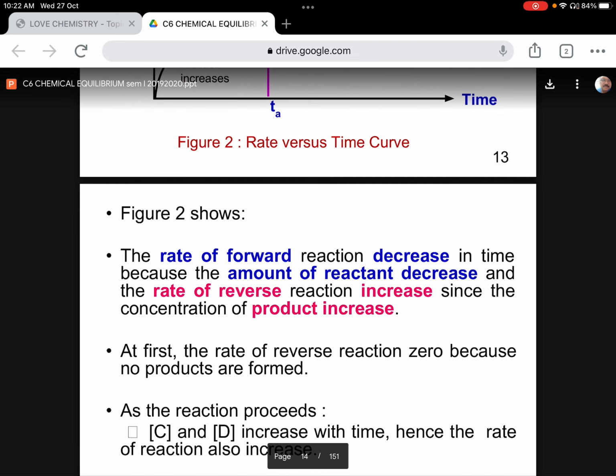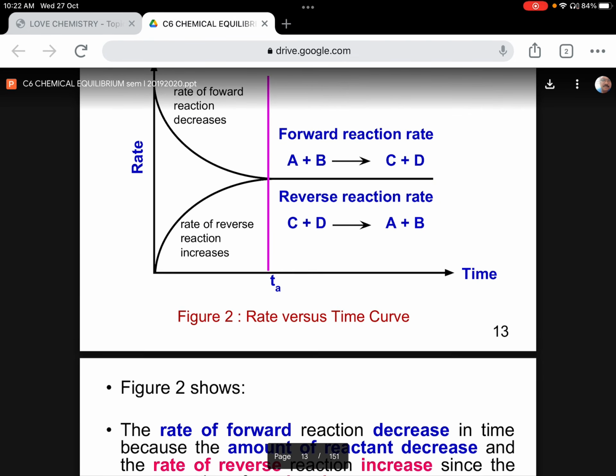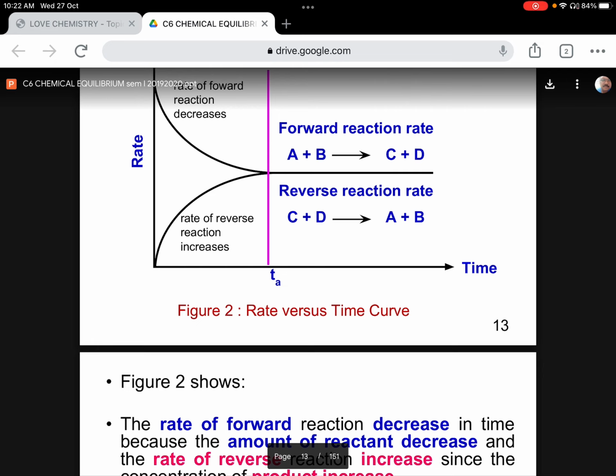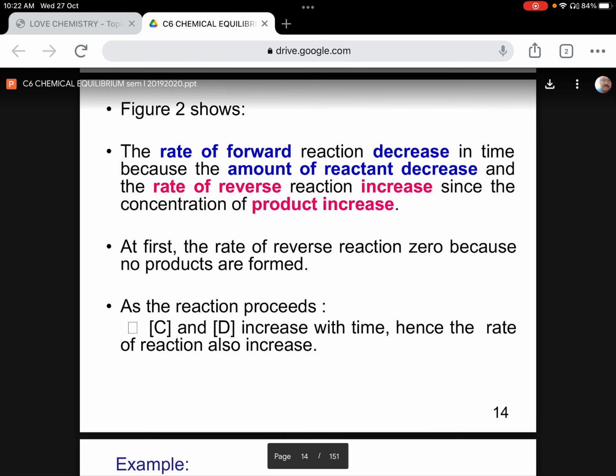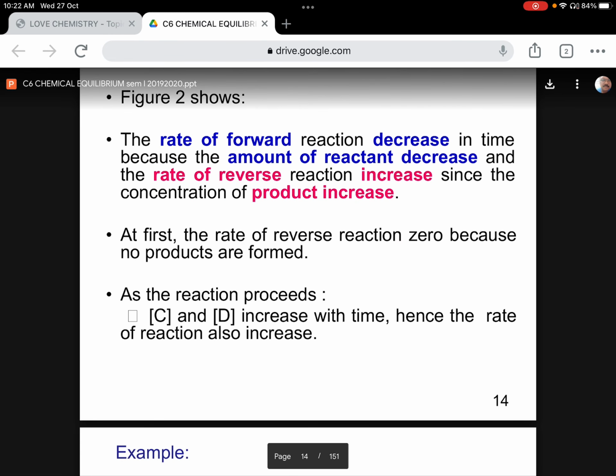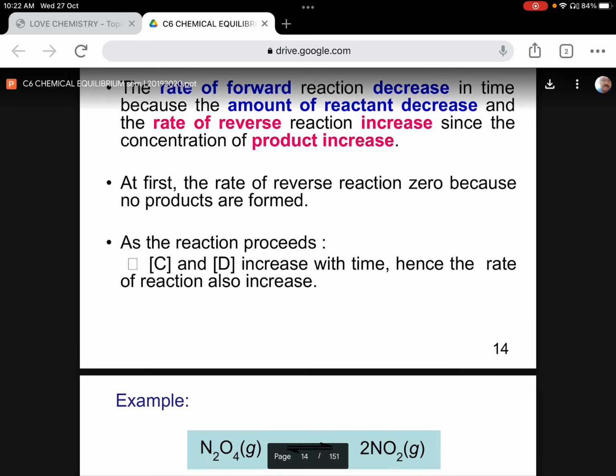But as the reaction progresses, the product is being formed, so the concentration of the product will slowly increase. As the reaction proceeds, C and D increase with time, hence the rate of reaction also increases.